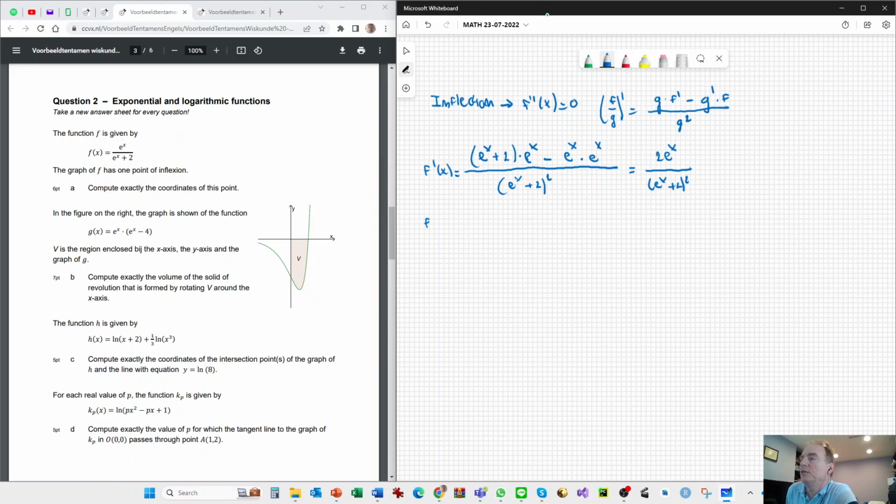And our f double prime of x will then be the derivative of this thing, and we follow the same rule.